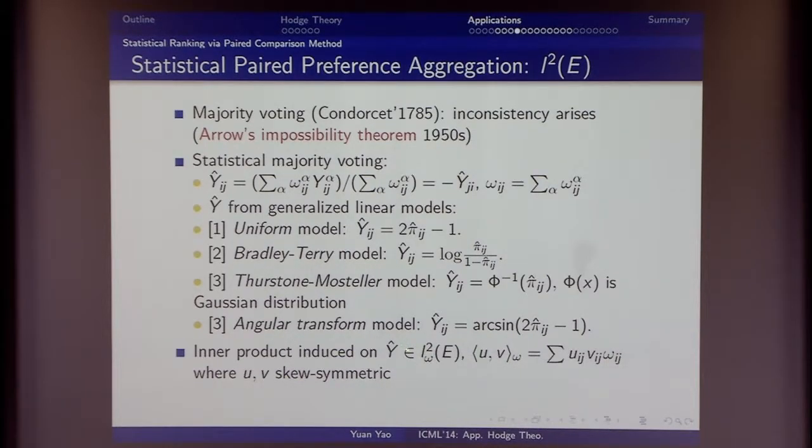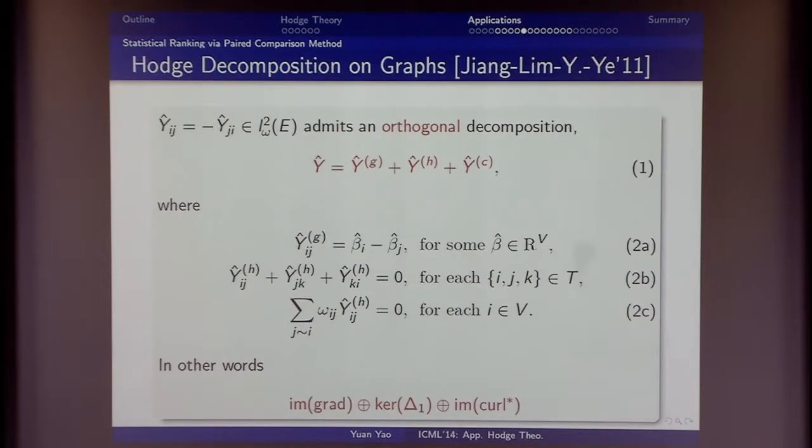You have pairwise comparison data which lies on the edge space and which is square integrable in a certain sense, with a certain inner product defined by the confidence level. If you have such data, the Hodge decomposition basically tells you this: any data coming from stochastic majority voting admits such an orthogonal decomposition.